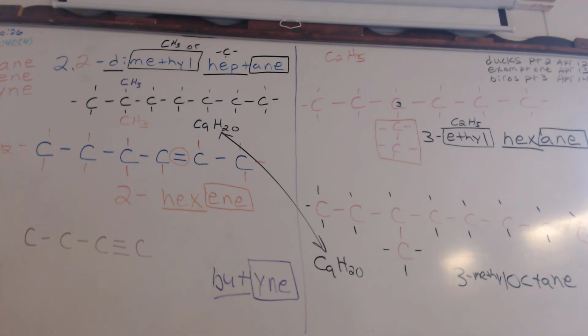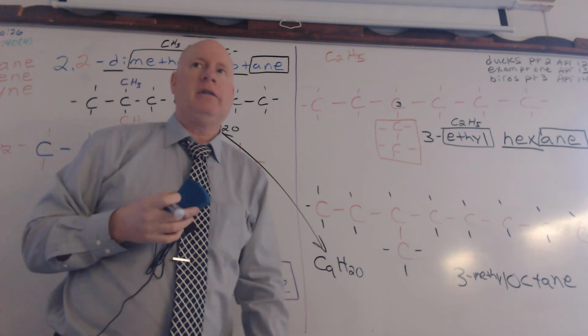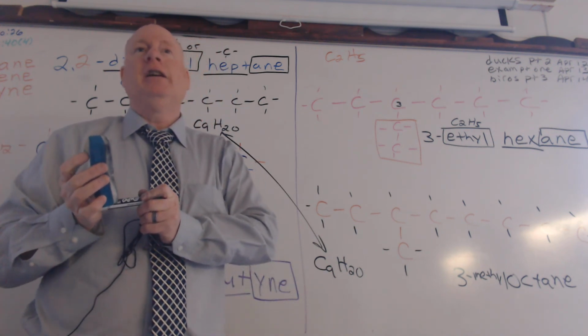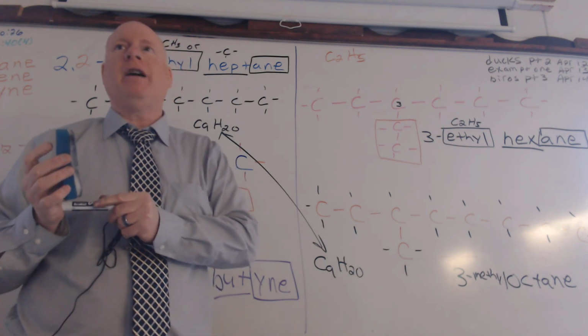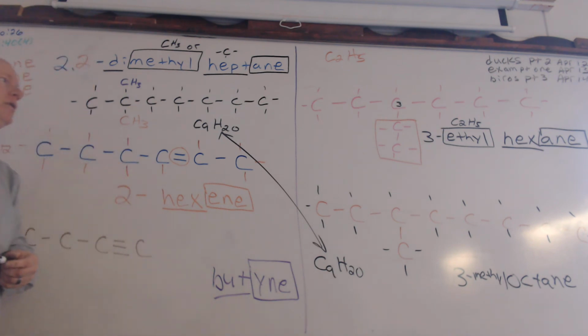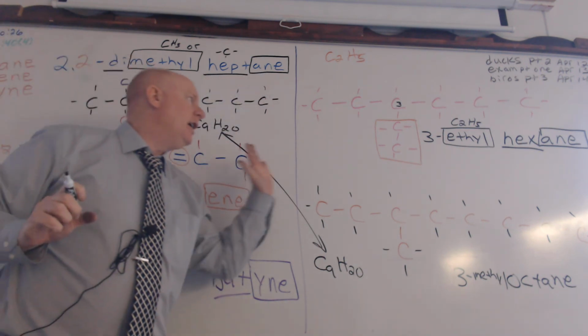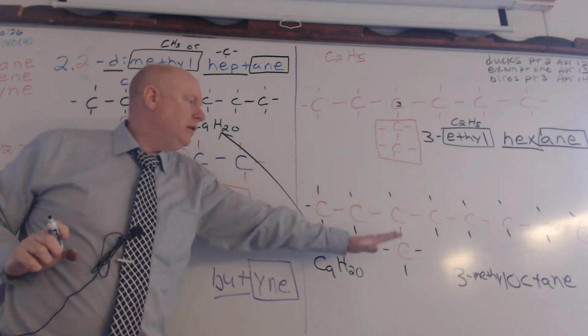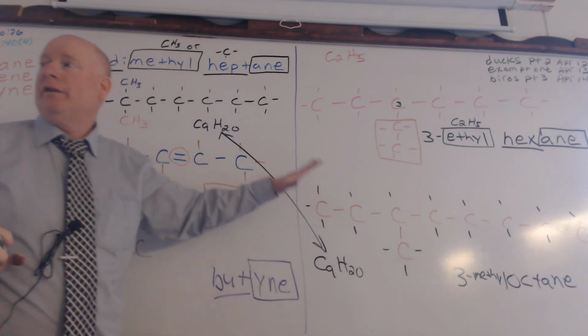What does that mean when you've got the same molecular formula, but the structure is different? It's one of your vocab terms, starts with the letter I. It's an isomer. Those are isomers of one another. That's right. Oh, I guess we didn't do this. Any questions on that side of the line? Ethyl groups, and this is an isomer of one another.